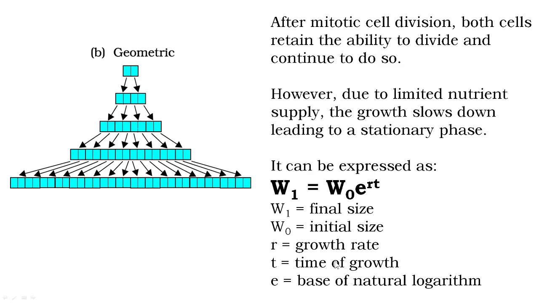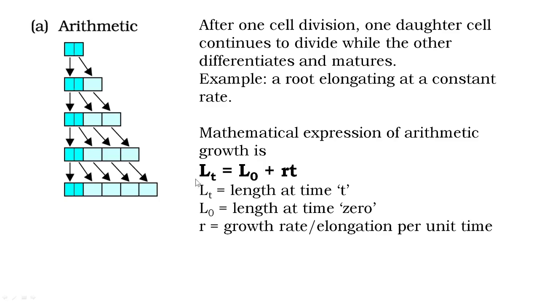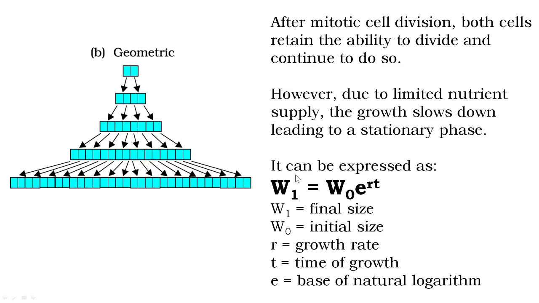And t is the time of growth and e is the base of natural logarithm. Okay, so this is the formula for geometric growth. So this is the formula for arithmetic growth and this is the formula for geometric growth.